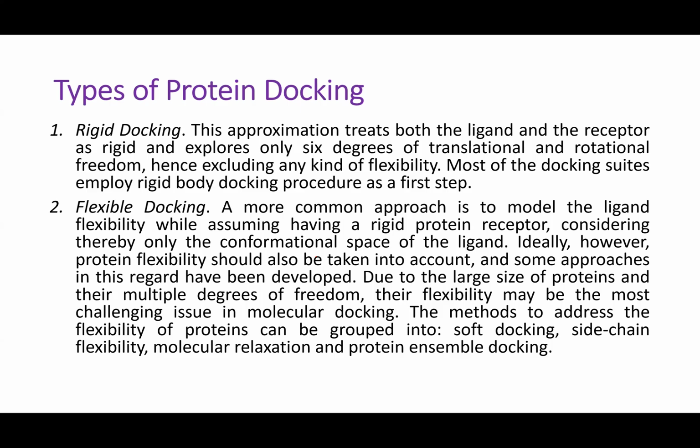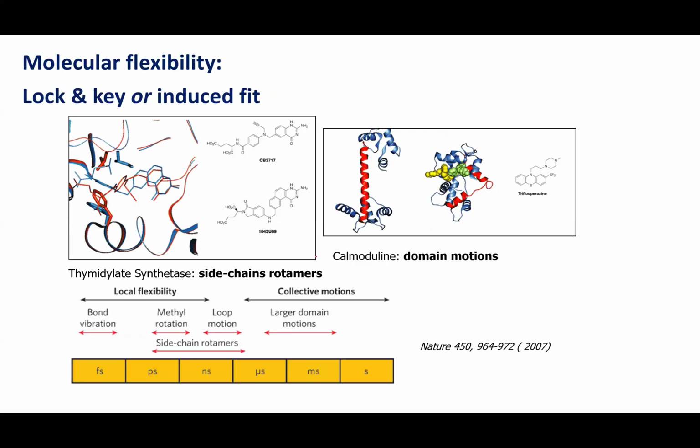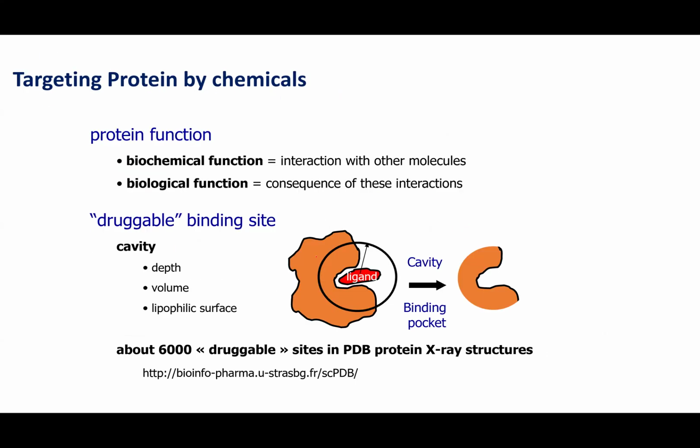The second type is called flexible docking, a more common approach, which depends on the induced fit hypothesis of enzymes. Here we keep the receptor rigid, but we make the ligand flexible. So when you do the docking, due to its flexibility, the ligand can attain different conformations and properly fit inside the target structure. So this is how you will understand the docking concept.